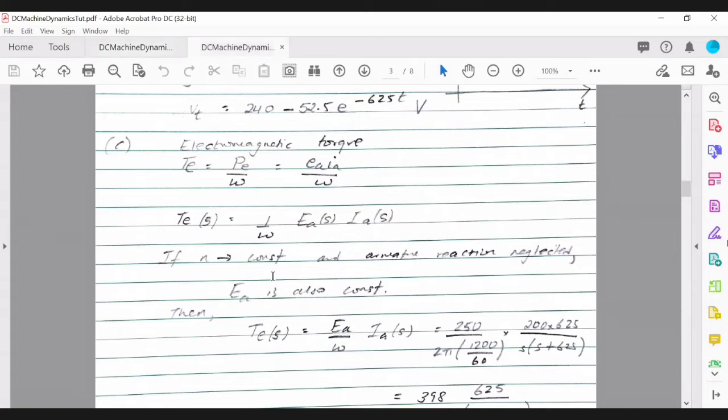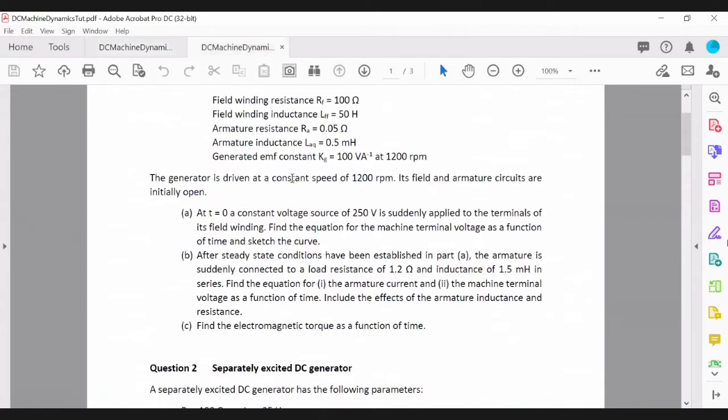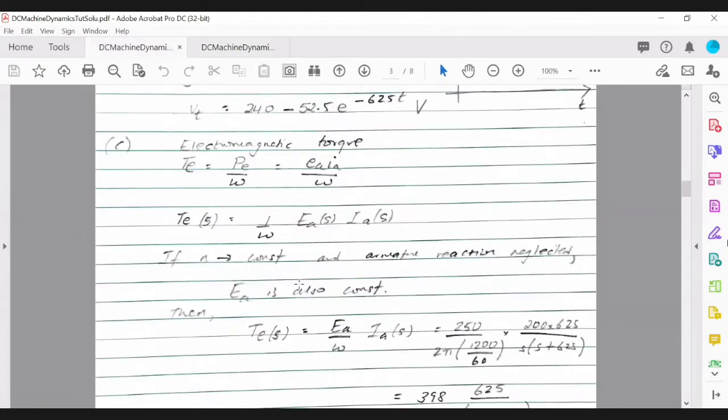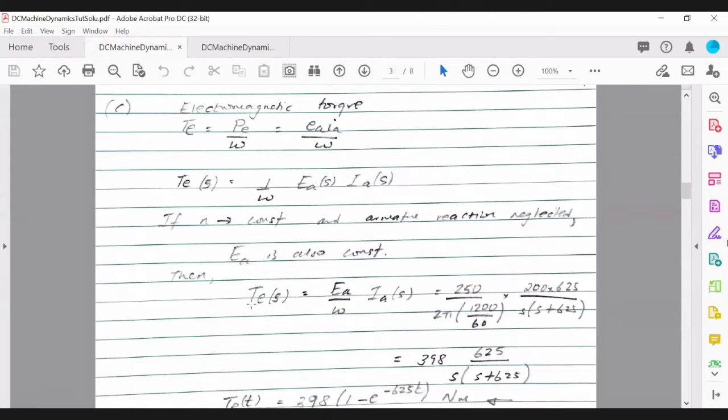It is given to us that the generator is driven at a constant speed of 1,200 RPM. So if your speed is constant, then the armature reaction can be neglected, and so your EA is also constant.